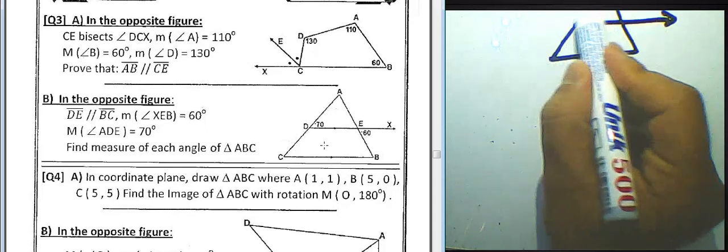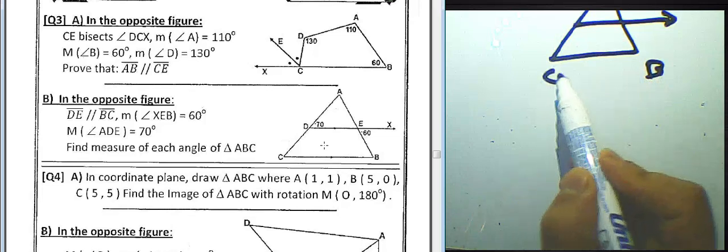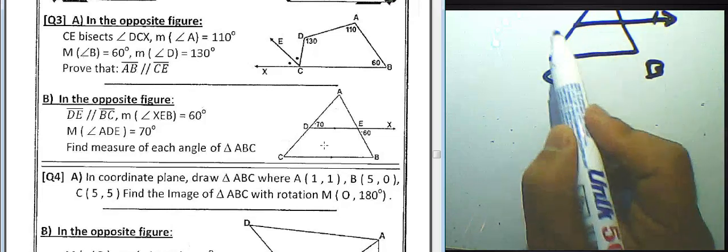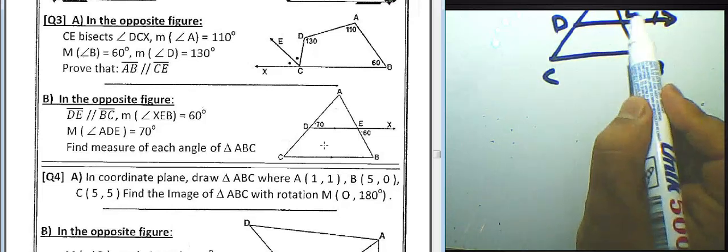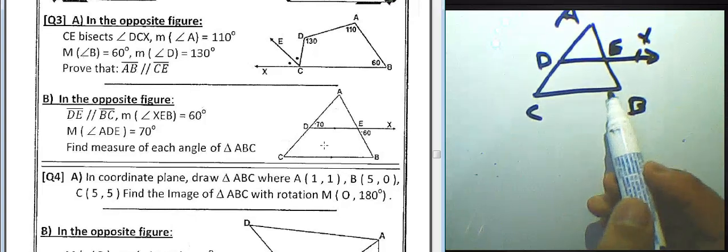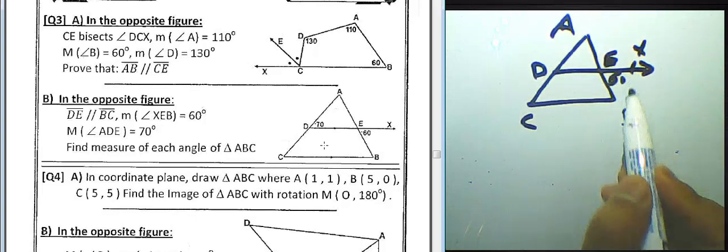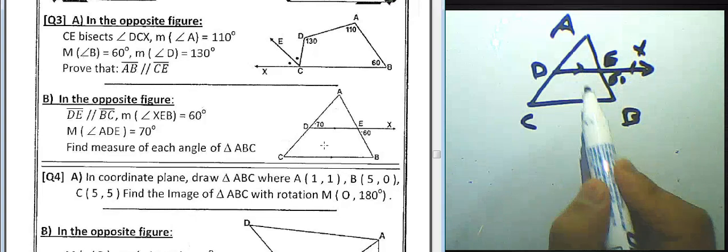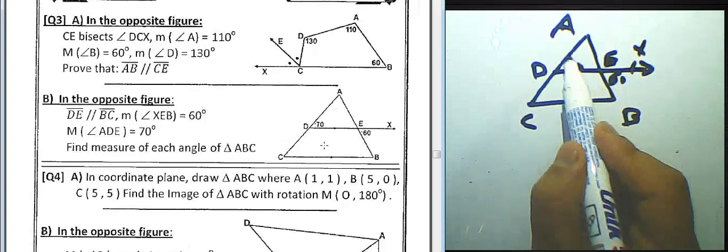We have here A, B, C, and here X and D, and this angle E, here angle 60 degrees. Okay, and ray C, and this angle 70.